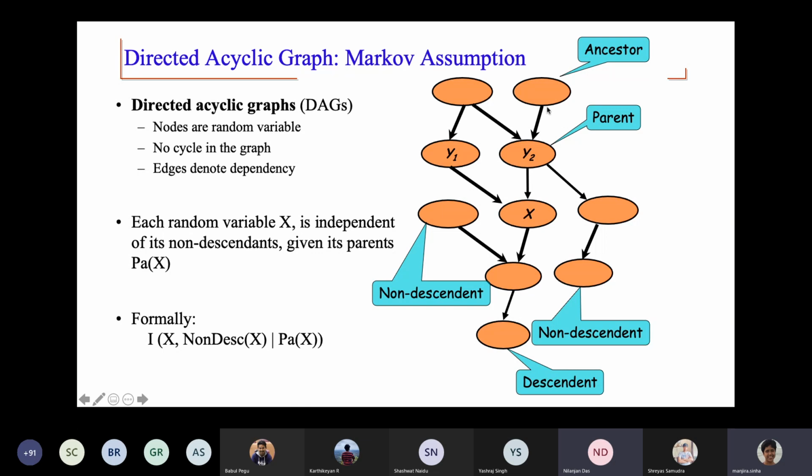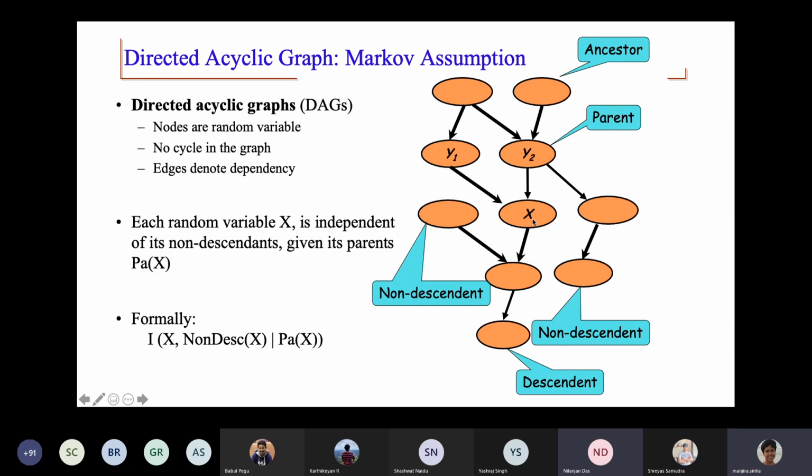And this is the ancestor, the parents of the parents. And these are the non-descendants of x. This one has no connection with x, therefore it is a non-descendant. And this is a descendant because it is coming from x, and these are also non-descendants of x.